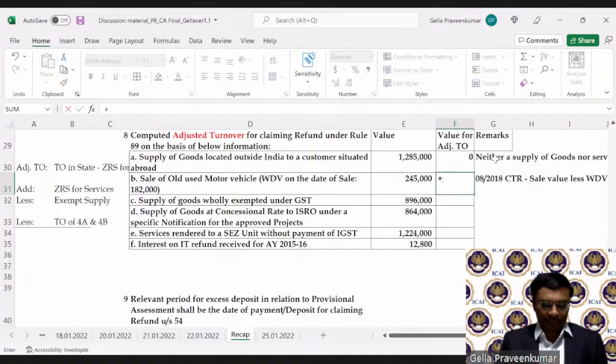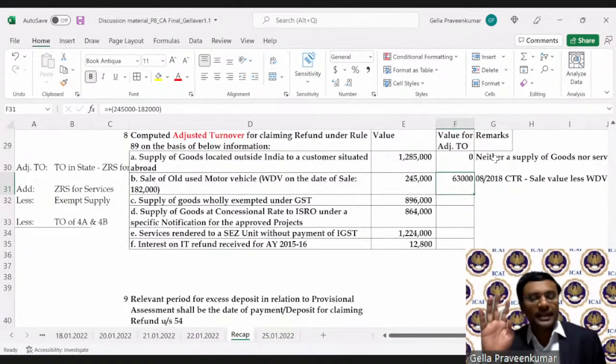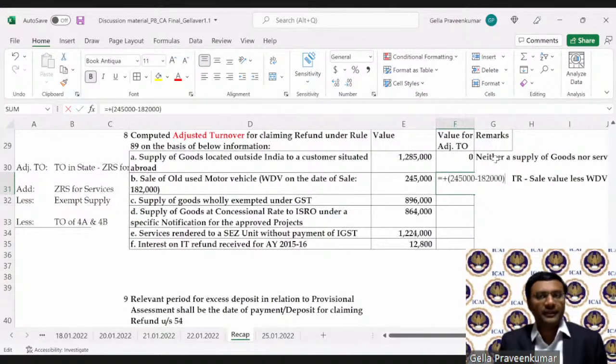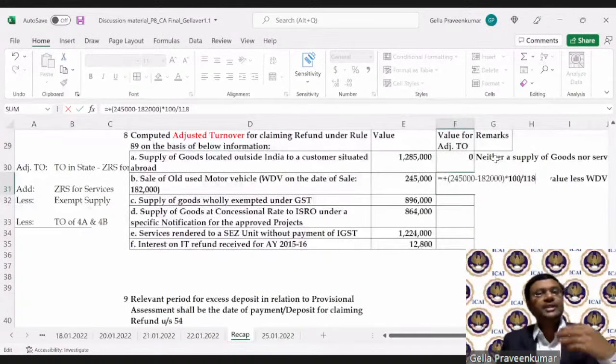2,45,000 minus 1,82,000. First, if the value is greater than 0, we will go for tax calculation. If the value is negative, we will exclude that particular value from calculation of GST. And this into 100 divided by 118. I make an assumption that the goods which are supplied attract GST at the rate of 18%.